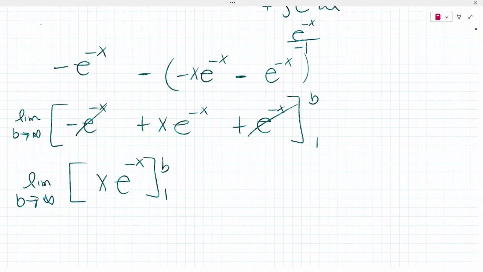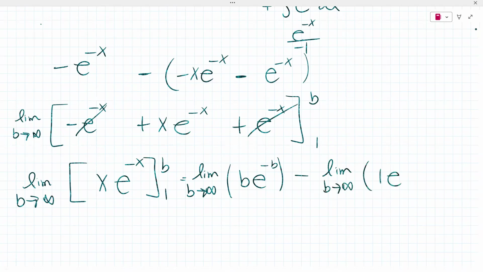Now you can write it as two separate limits: the limit as b goes to infinity of b e to the negative b, minus the limit as b goes to infinity of 1 e to the negative 1.